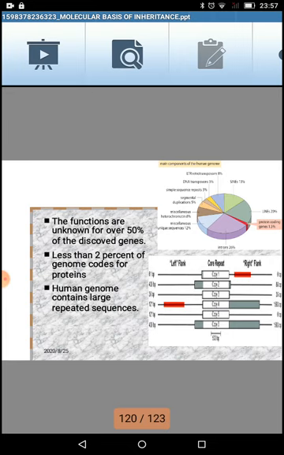The functions are unknown for over 50% of the discovered genes, and less than 2% of the genome codes for protein. Now imagine proteins, which are the main working components of the human being, for which translation happens. Just now we have studied translation in our previous topic.